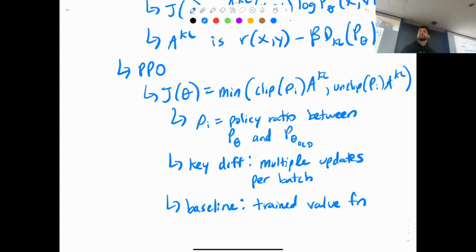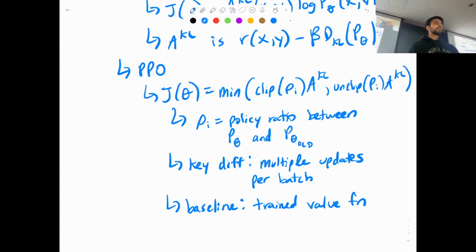And so this value function, again, is being trained to predict the reward from some intermediate generation. So given the prompt and part of what the model has produced, it's trying to predict what the reward will be at the end of this generation. And so this value function is trained at the same time as the policy model. So when you're training the policy model, you keep the value function frozen, and when you're training the value function, you keep the policy model frozen.